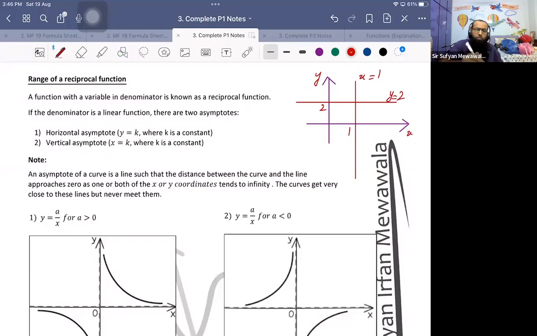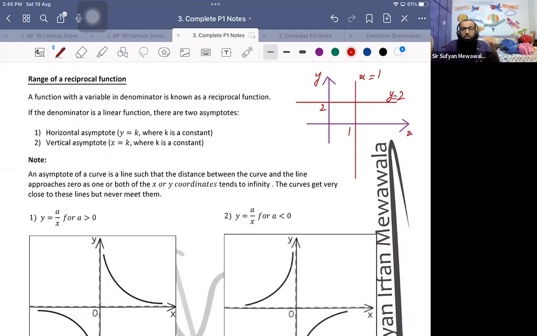So coordinate geometry has taught us that every vertical line is of the form x equals k, where k is a constant. So if the vertical line passes through 1, x equals 1. If the vertical line passes through -3, it's x equals -3. Similarly, every horizontal line has equation of the form y equals k, where k is a constant.